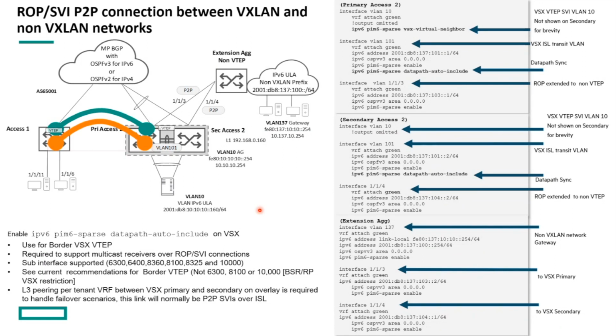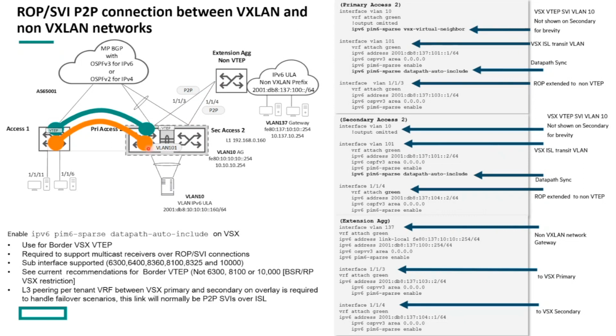But I've only shown a routing on port example. So now these links between the border VTEP and the aggregation extension are point-to-point links, so they'll all have their own subnet.